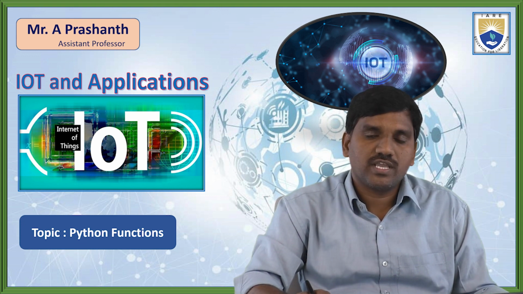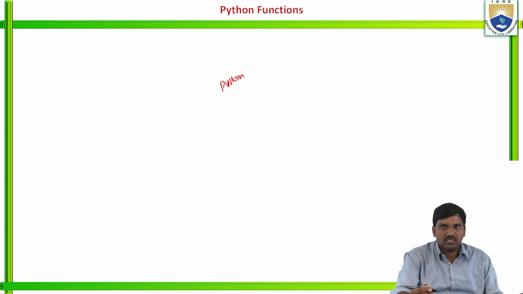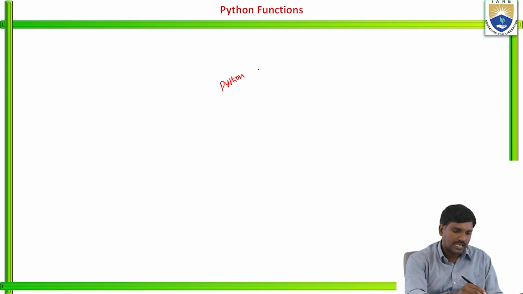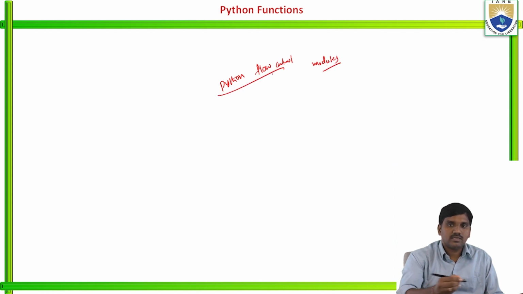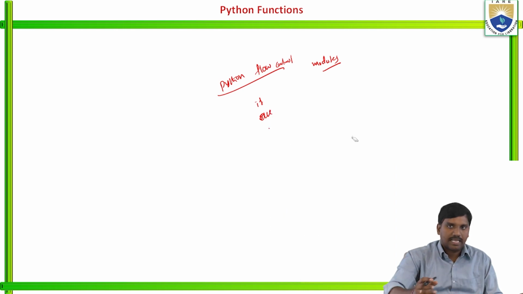In the last lecture, we completed Python. This domain is logical design using IoT, that is with Python. In the last class, we completed Python flow control statements and different types of modules: the if statement, if else statement, and nested loop statement, we discussed in the last class.